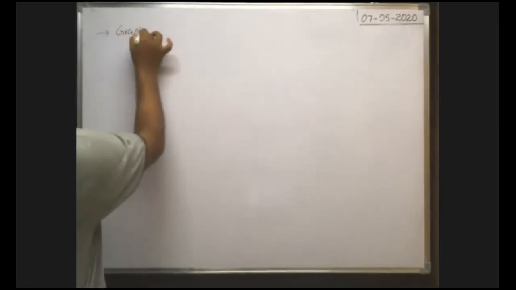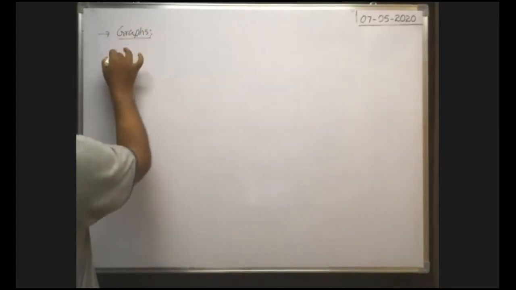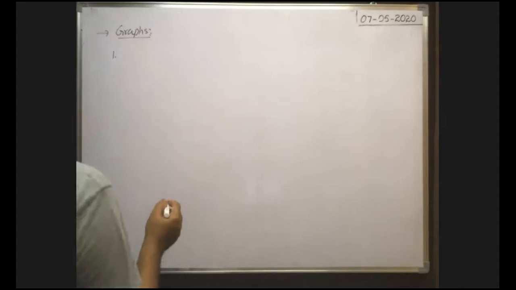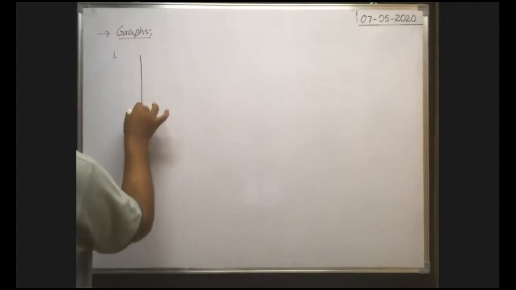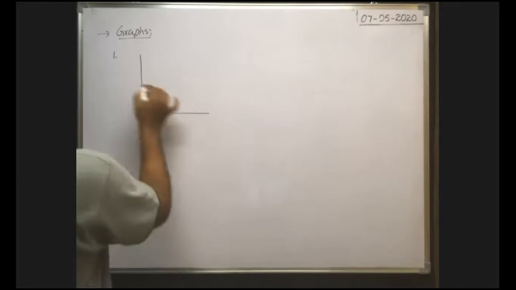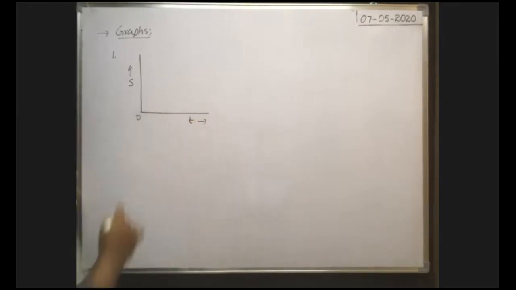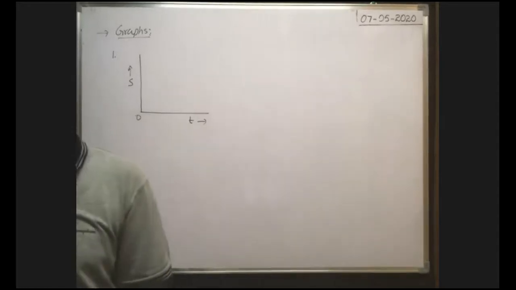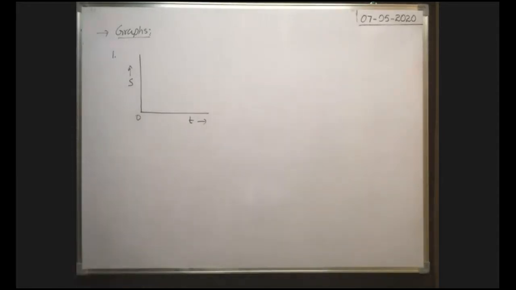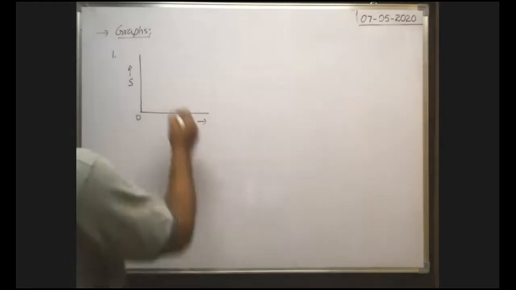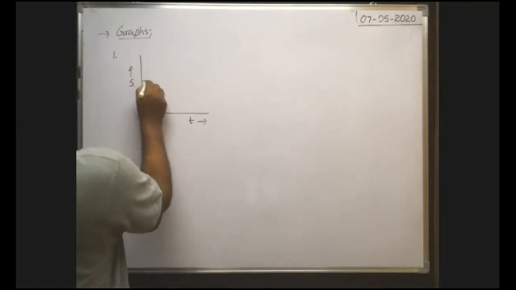Okay, graphs, very important. First one, suppose we are given a displacement-time graph. Whenever a displacement versus time graph is given, the graph is given like this.